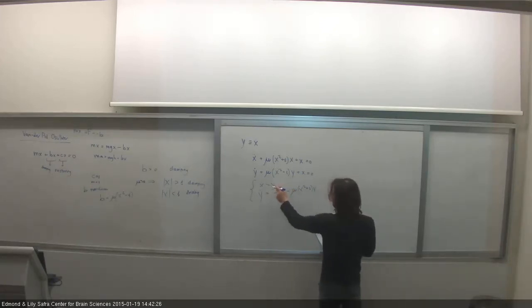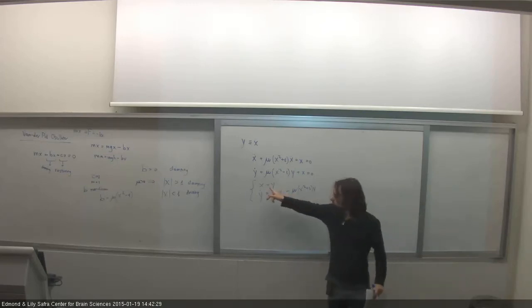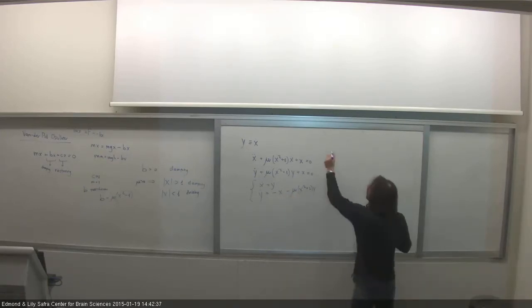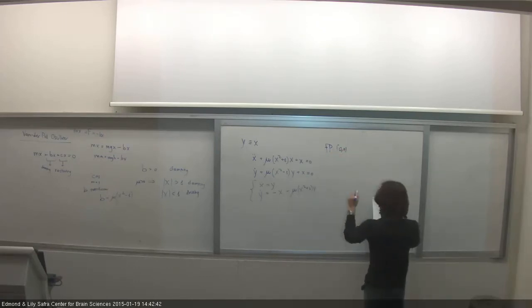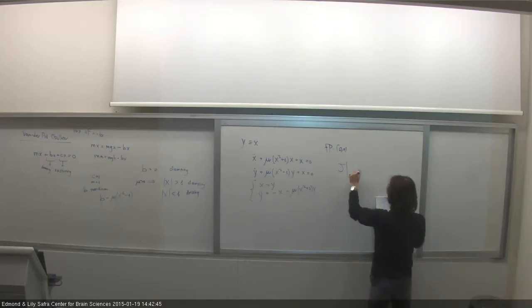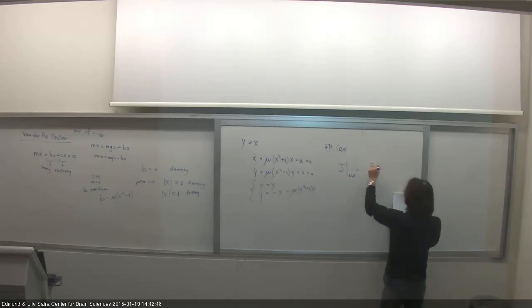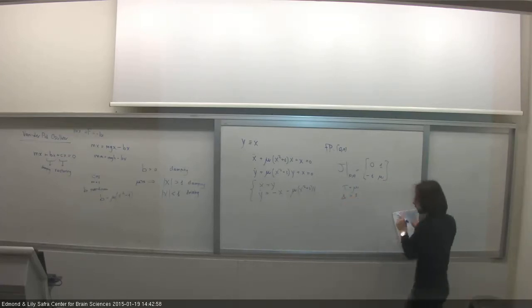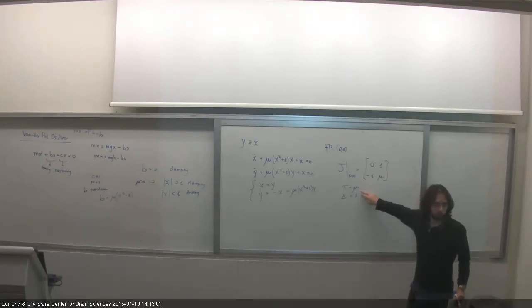Okay, so this system has a fixed point at 0, 0. You can easily see that any fixed point would have y equals 0, and then if you substitute it here, you must have x equals 0. So fixed point at 0, 0. For the Jacobian at this fixed point, I'll give you just the final answer. The trace is mu, and the determinant is 1. So we have a stable or unstable fixed point depending on the value of mu.